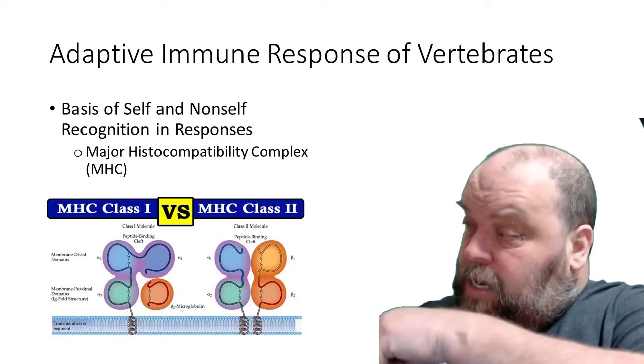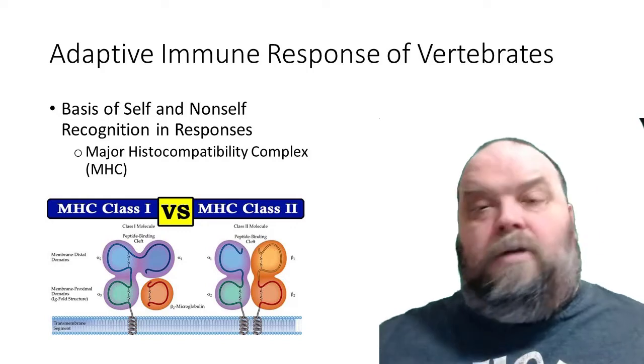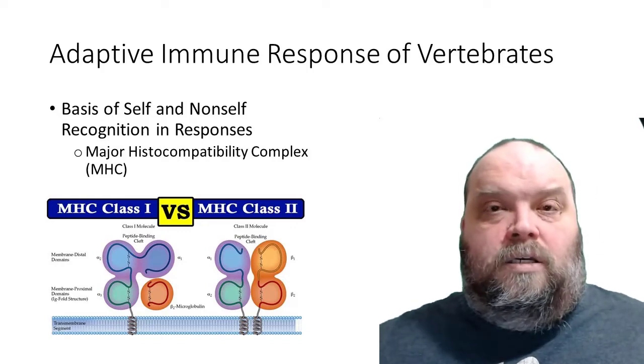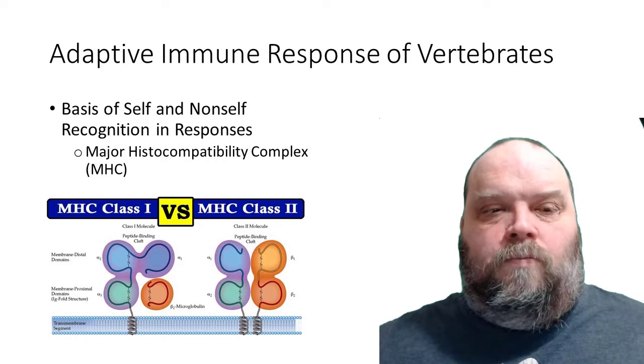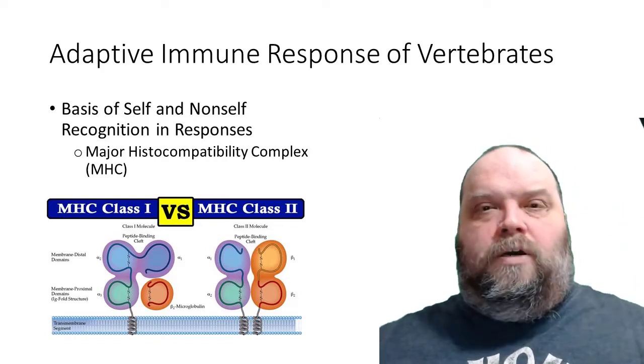So when you look at the pictures down here at the bottom, see those? They're colorful looking pictures. It's an artist rendition of what MHC1, MHC2 looks like, class 1, class 2. Notice the different regions that are shown there.